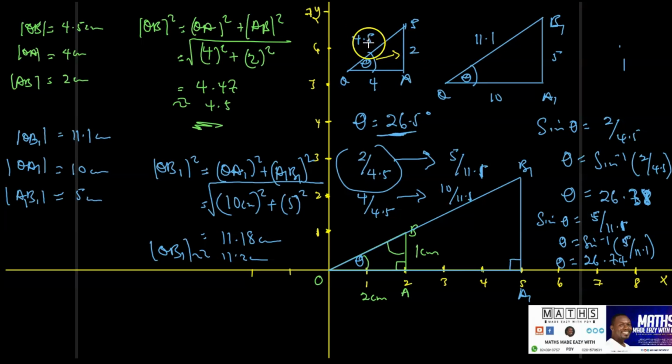And the 4.5 is representing what from the right angle triangle? The hypotenuse. Then again, in the second diagram, the value opposite to theta is what number? 5. And the 11.1 is representing what of the right angle triangle? Hypotenuse.